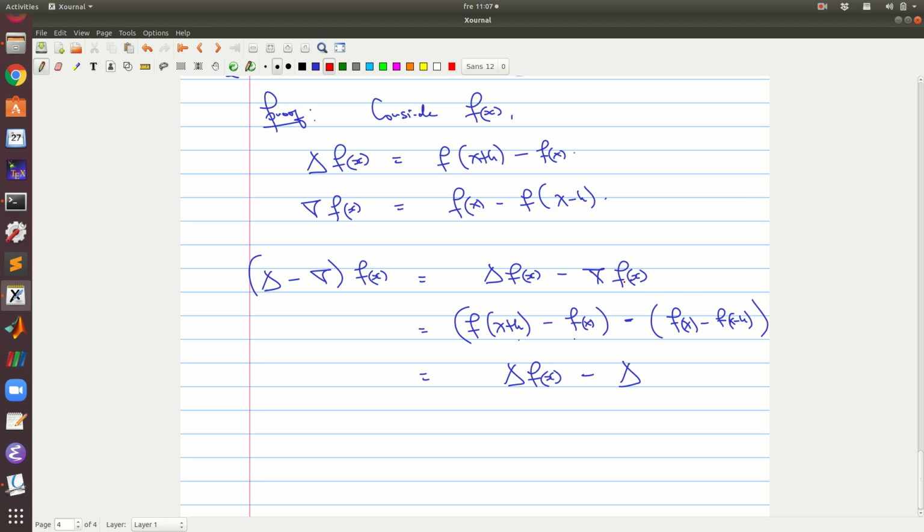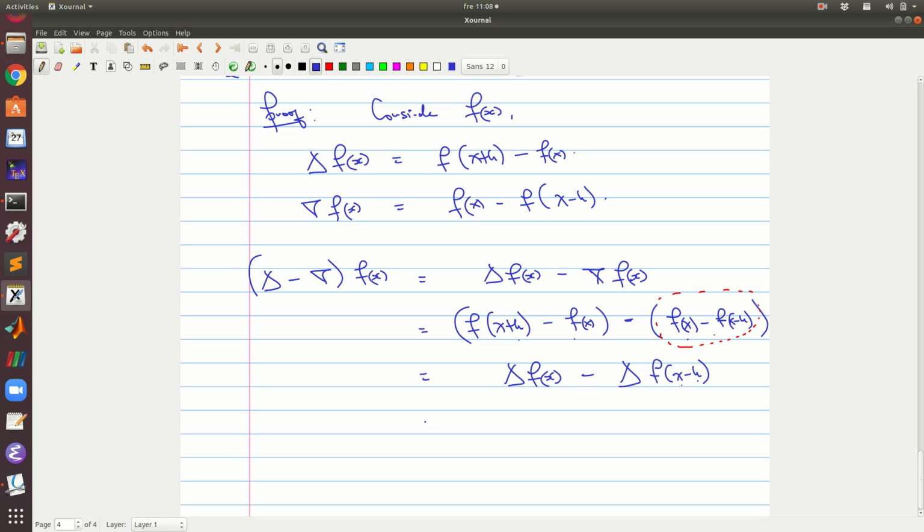And then, if we are also to make this a forward difference, we see that what we have here is the first forward difference evaluated at f of x minus h, because the first forward difference evaluated at f of x minus h is going to be f of x minus h plus h, which is f of x, then minus f of x minus h.